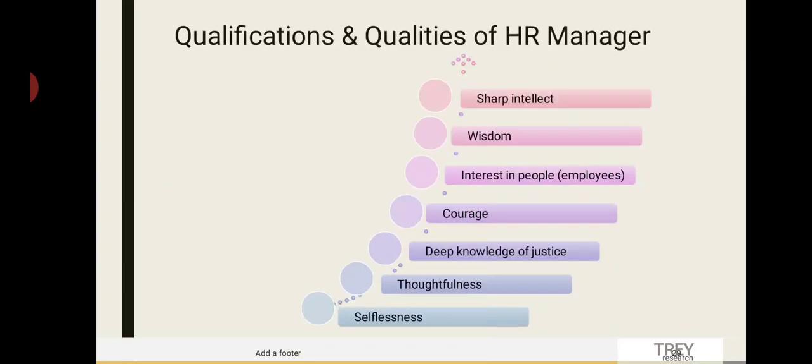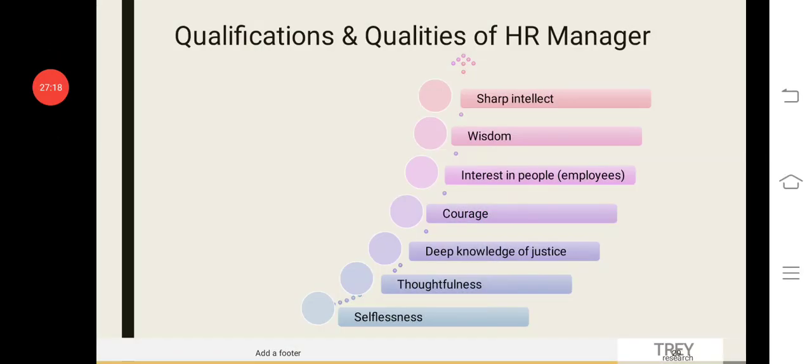Okay, now we are going to move to the next topic, and that is qualifications and qualities of an HR manager. Alright, so by just establishing an HR department in the organization, all the problems of the unit are not automatically solved, isn't it?